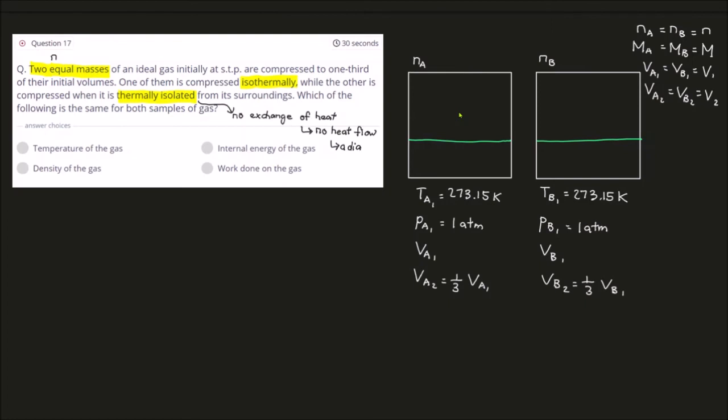It's an adiabatic compression, to be specific. So system A is an isothermal compression, whereas for B, it's an adiabatic compression.